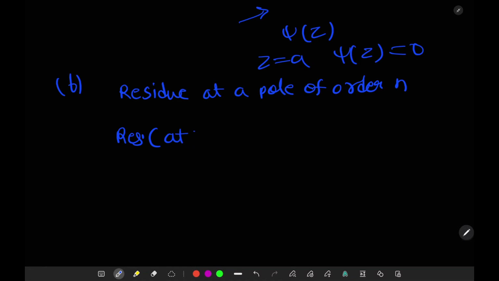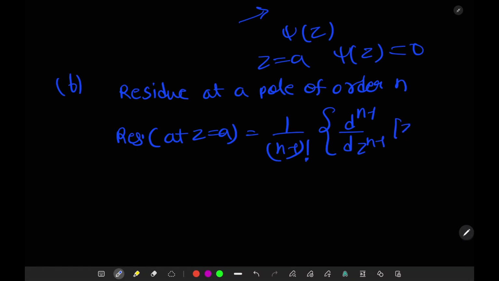Residue at z = a is equal to 1 by (n - 1) factorial times the (n - 1)th derivative with respect to z of (z - a)^n f(z).